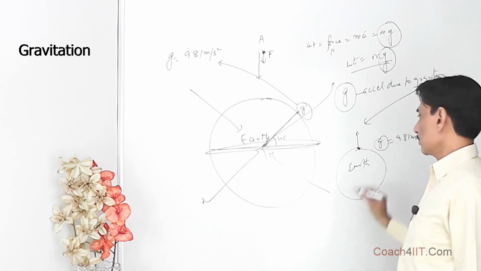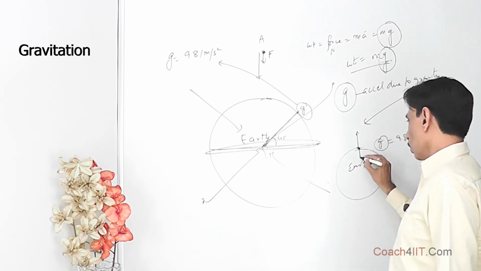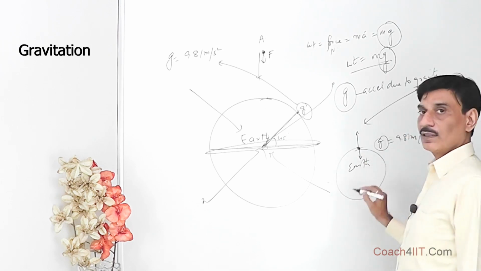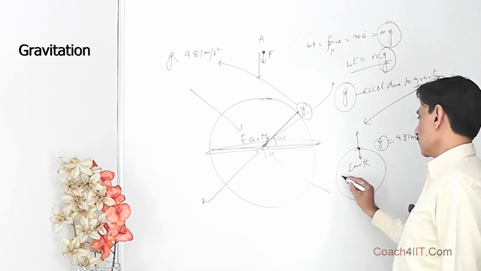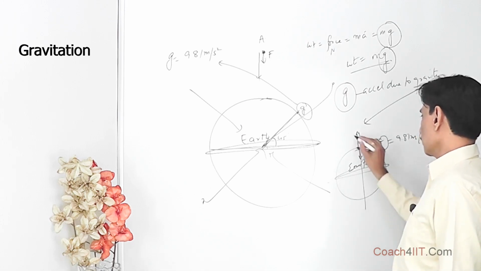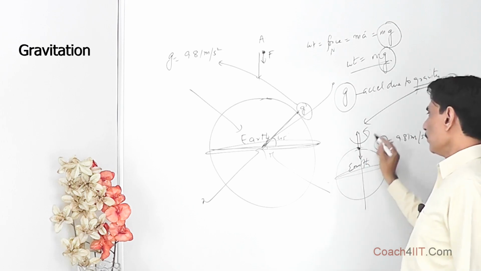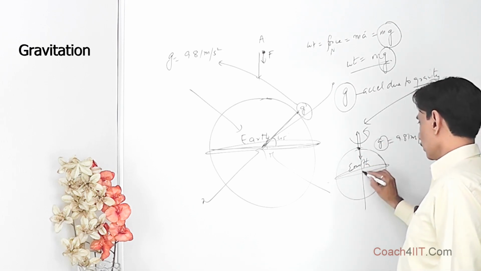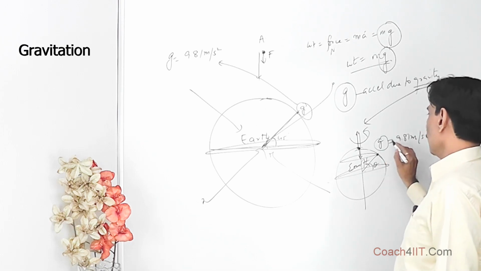Number one, it changes, and then as we go down, deep into Earth, it also changes. And suppose this is the equator and Earth is moving around its own axis. Because it is rotating, with latitude also the value of g changes.